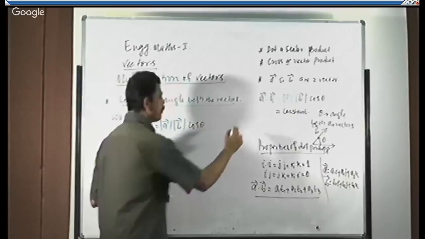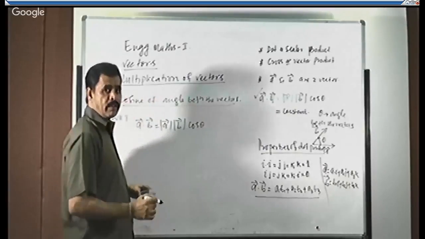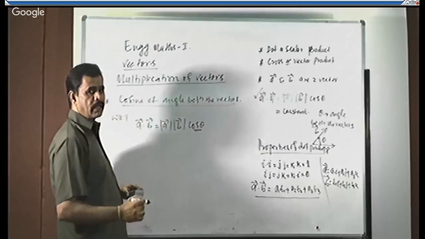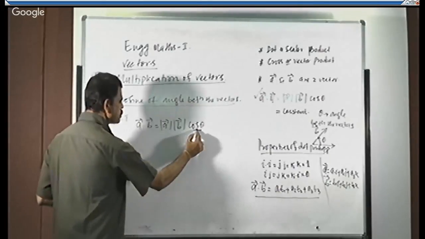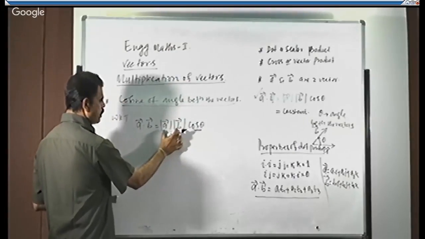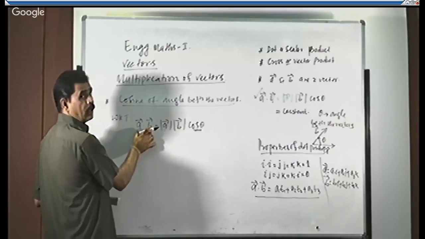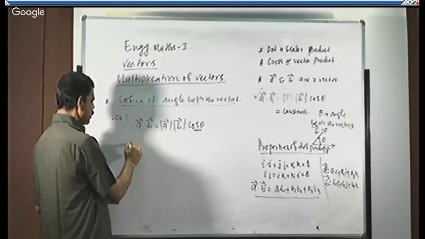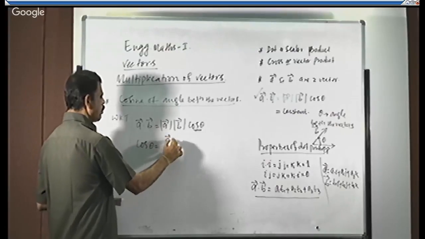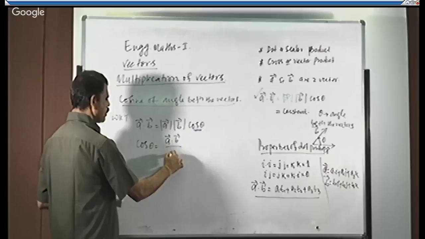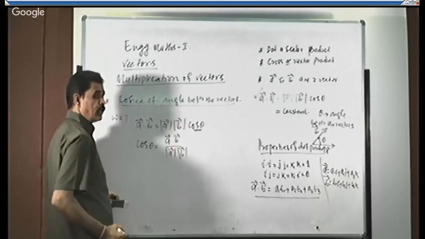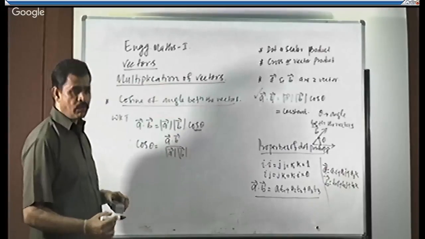This is the definition of dot product. With this I can get the cos of the angle. Cos theta is equal to, these magnitudes will go to the denominator of the left hand side, correct? Therefore I can write cos theta is equal to A dot B divided by magnitude of A, magnitude of B. This is the cosine of the angle between the two vectors.